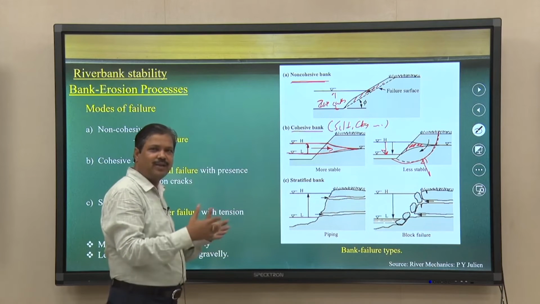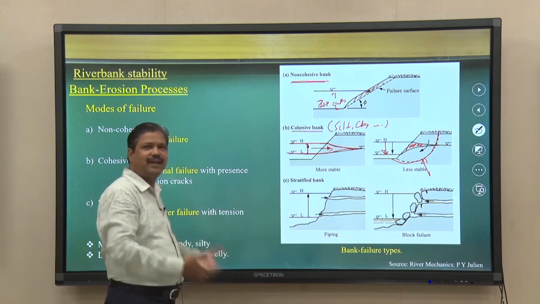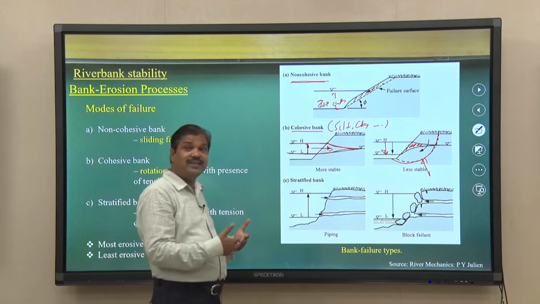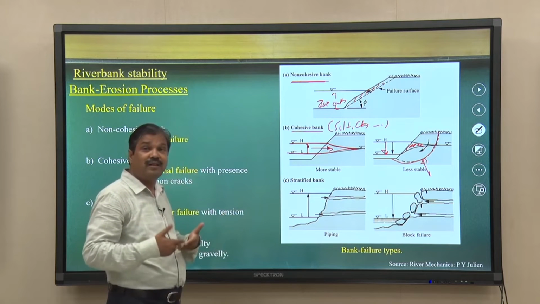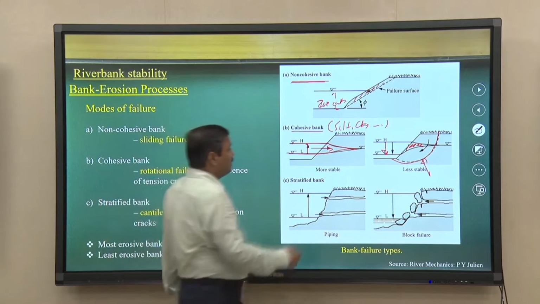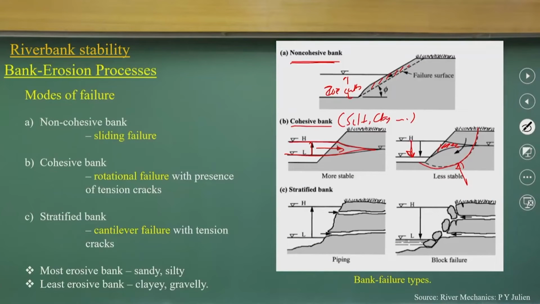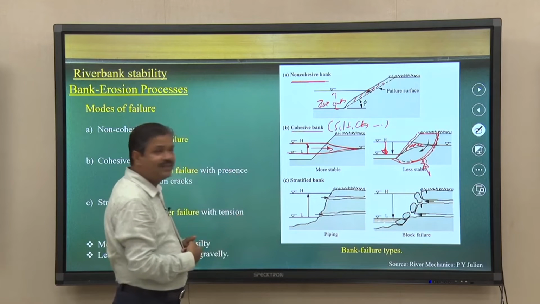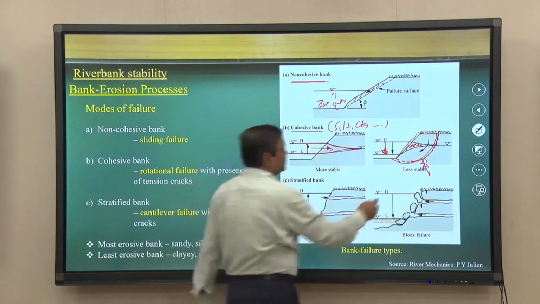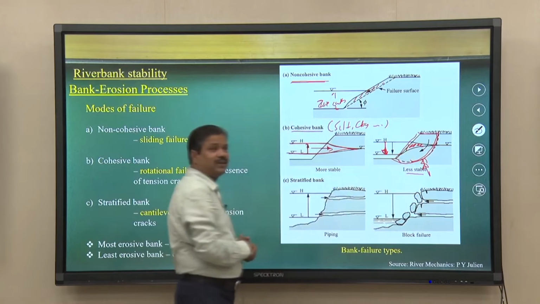So, try to understand now that the bank fails like a landslide problem, and that happens during the receding phase of the floods, not the rising phase, because when the flow depth decreases, in that period this process happens. The saturated mass gives additional weight to this block, and as we know from landslide failure mechanisms, exactly the same thing happens: less stability and rotational failures.